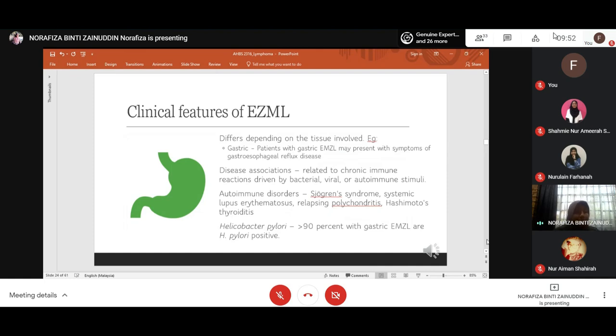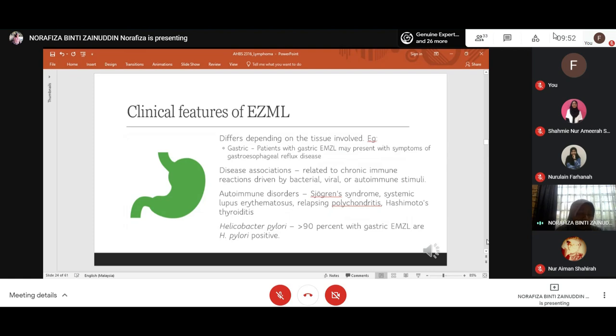For ocular adnexa, this may present with a slow-growing mass, eye redness, epiphora, which is excessive eye watering. Those with salivary gland EMZL may present with a slow-growing mass. A minority will have bilateral involvement.